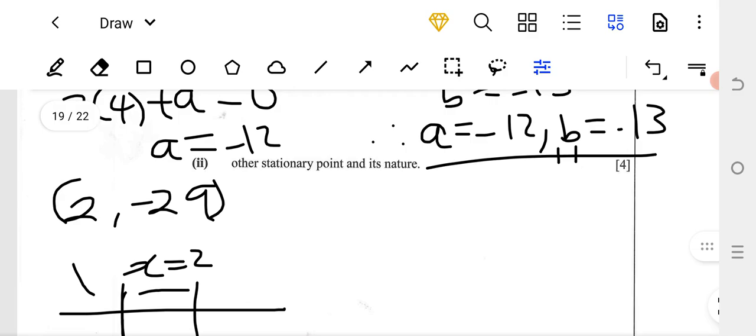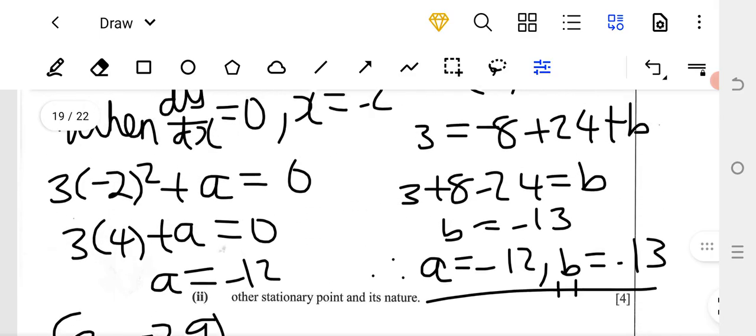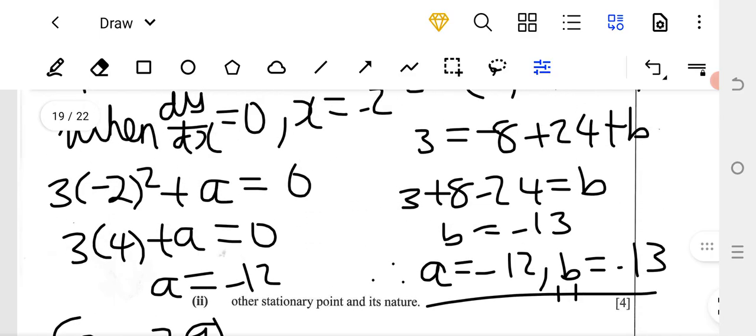Then we have 3 cubed minus 12 multiplied by 3, right? Because minus 12x minus 13. We're also going to have a negative like that. Okay, so the first stationary point was a negative 2.